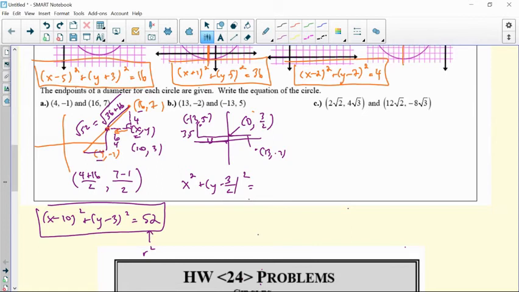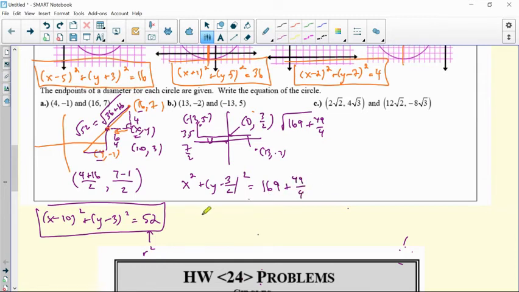So I want to do 13 squared, which is 169, and then 3.5, which is 7 divided by 2, squared, which is 49 fourths. I'm squaring it here, so that just becomes 169 plus 49 fourths.